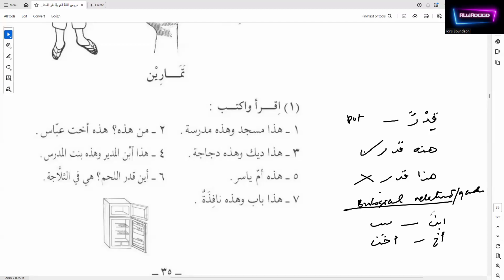Ibnun is a son, and bintun is a daughter. Akhun, brother, ukhtun, sister. Then we can have ammun and amma, khalun and khala, jaddun and jaddatun, abun and ummun.